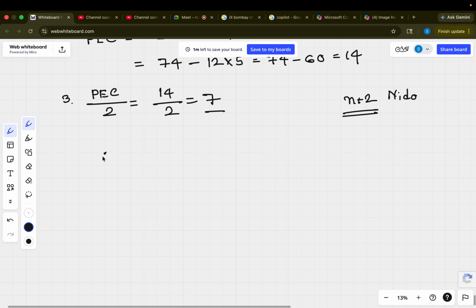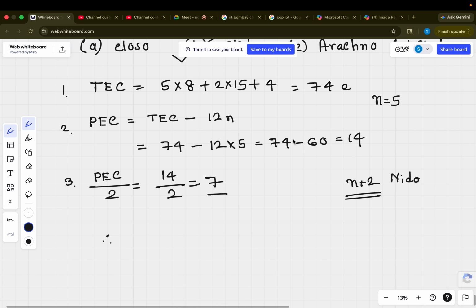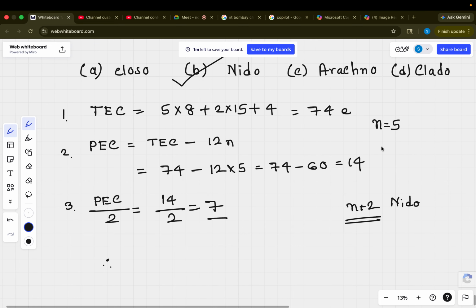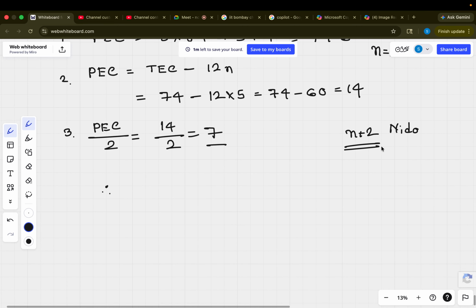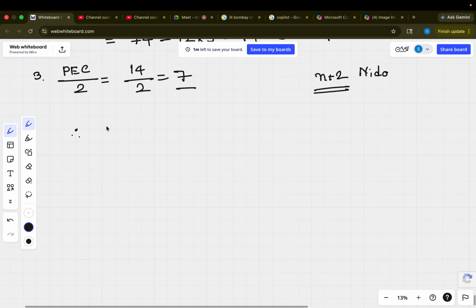So you can write down, therefore if both of the things you are getting nido or closo, you can just conclude from here that therefore they are isolobal to each other.